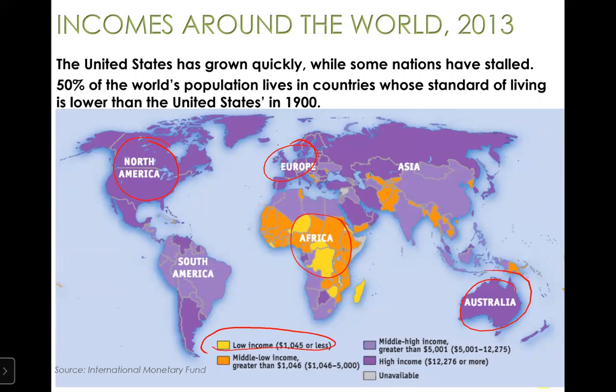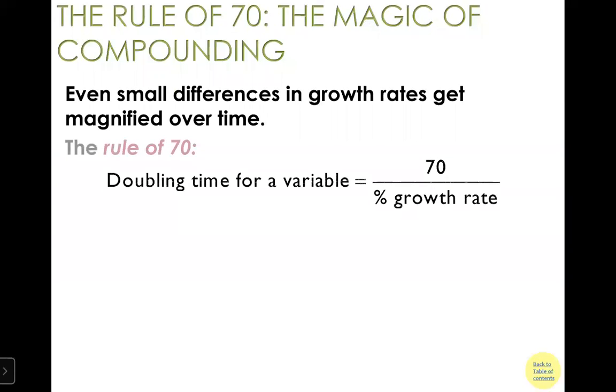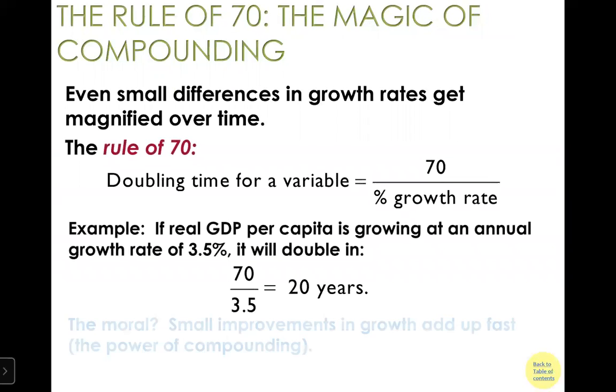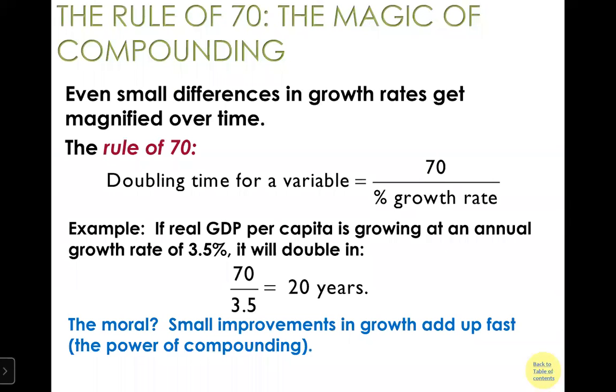Now in the next slides, I'm going to introduce you to the rule of 70. Essentially, this is the power of compounding. The rule of 70 tells us the time to double your GDP, or whatever variable you are interested in, which equals 70 divided by the growth rate.